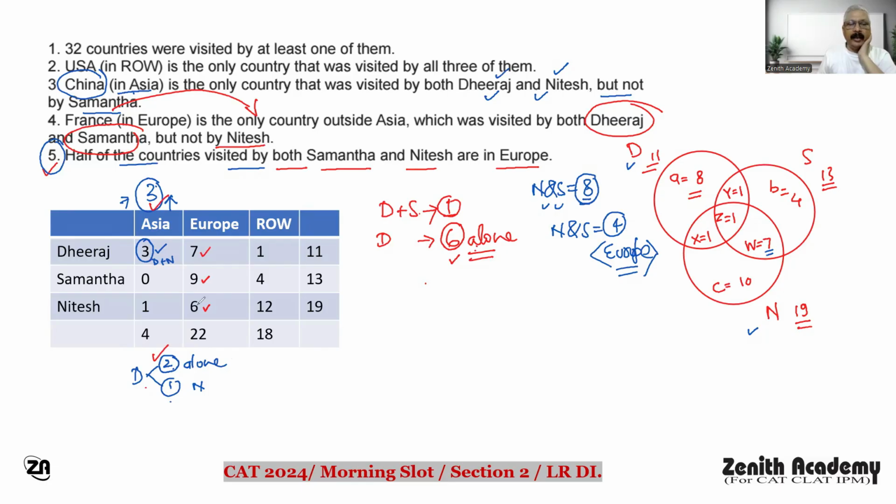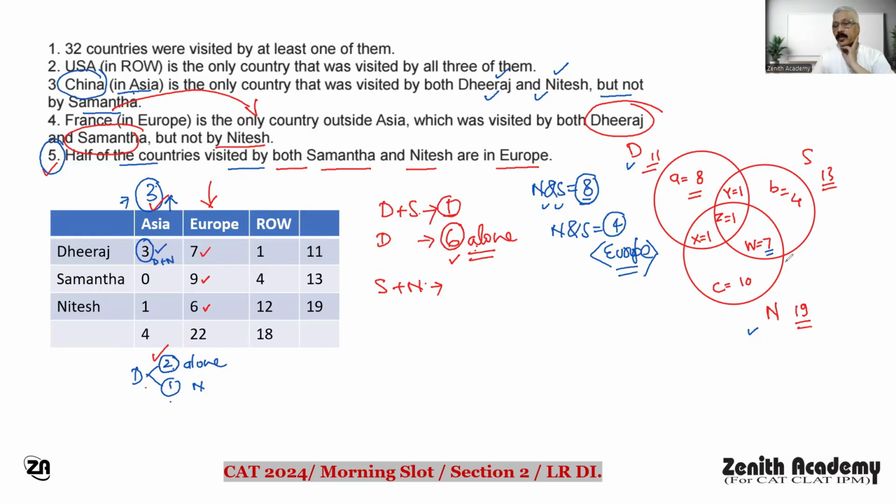Now look, Samantha and Nitesh. It is given here that Samantha and Nitesh visited seven countries together. Here it is a question of Europe, right? This is the total number of countries where Nitesh and Samantha went together.